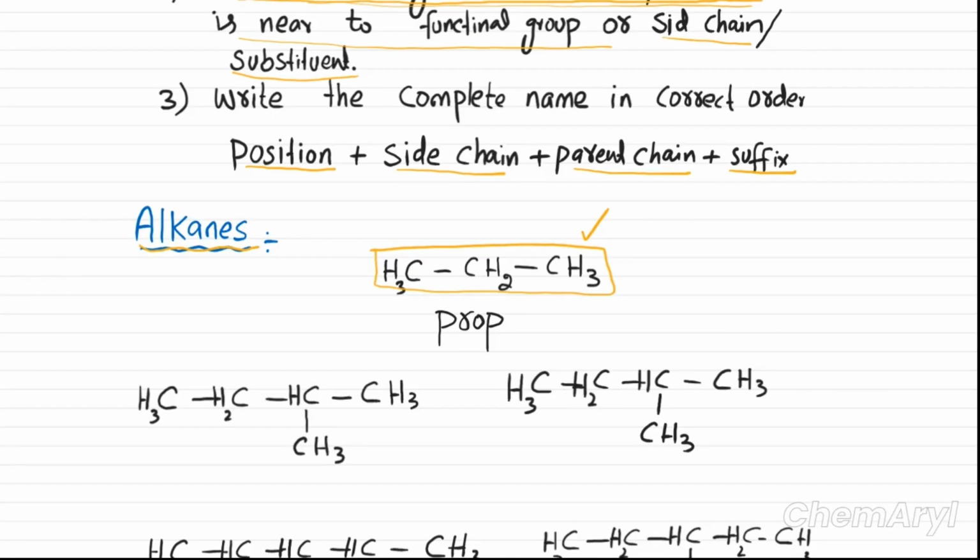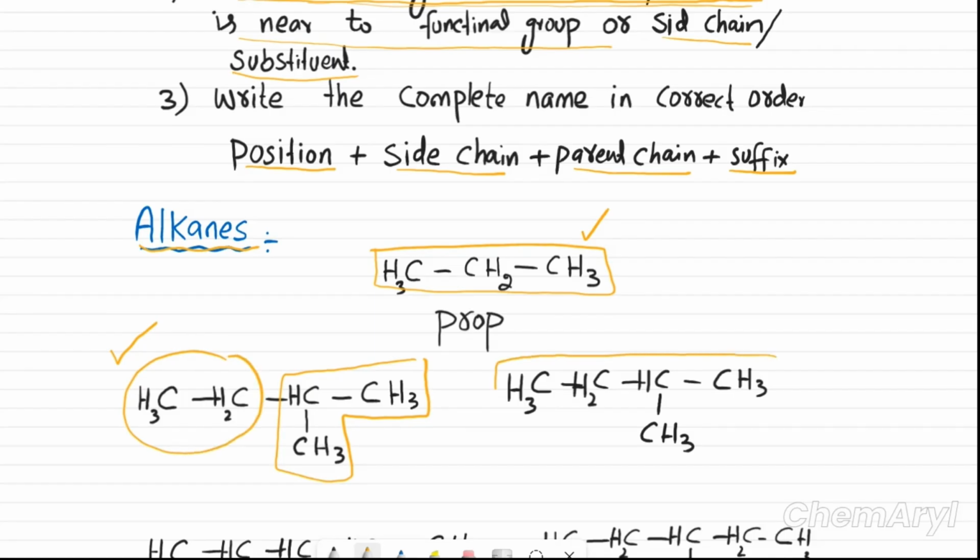The next given compound is this one. According to the rules, first of all, you have to select the longest continuous carbon chain. Dear students, how many of you are saying this one is the long chain and this one is the side chain? And how many are saying that this one is the long chain and this one is the side chain?